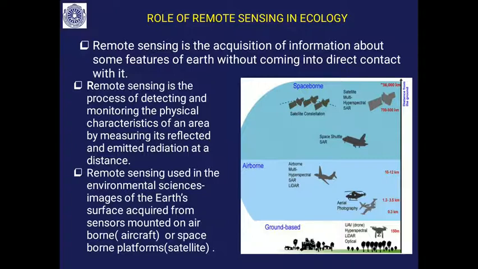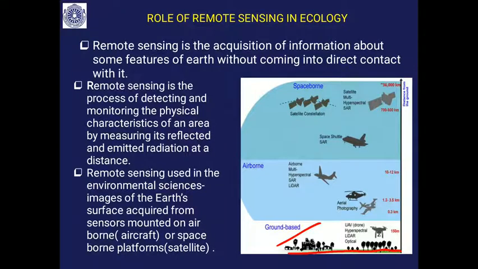In the environmental sciences, remote sensing uses images of the earth surface acquired from sensors mounted on airborne or spaceborne platforms. So, you will find in this cartoon the surface of the earth, the landscape.